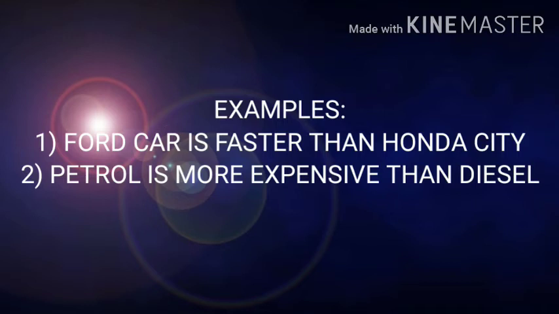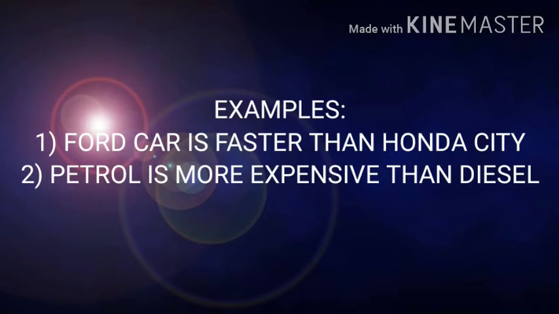I will give you another example where we can understand the comparative sentence. Petrol is more expensive than diesel. Here the word expensive will not be changed to expensiver or expensiest. It is wrong. Instead, we have to use the words more and most.